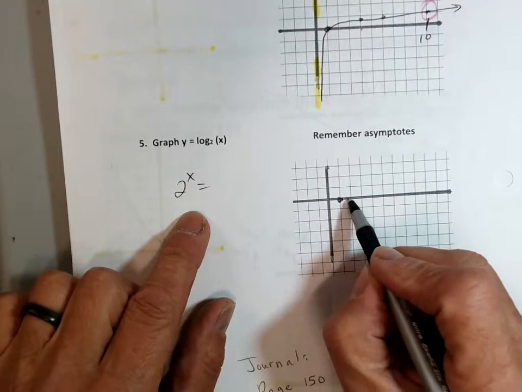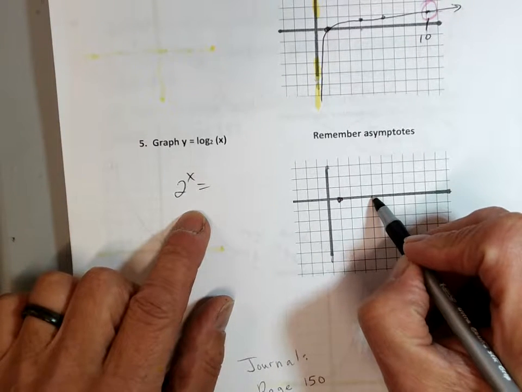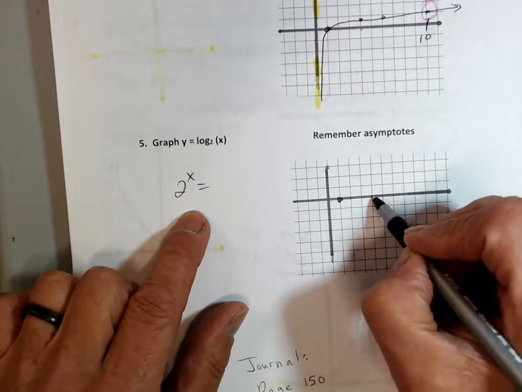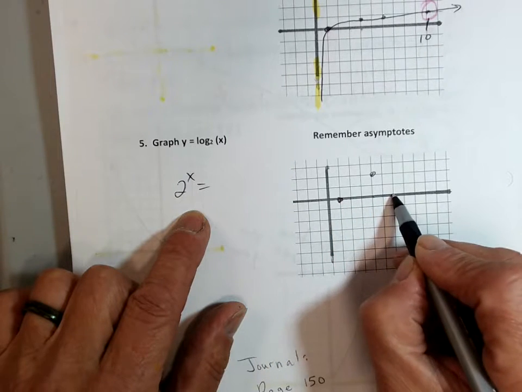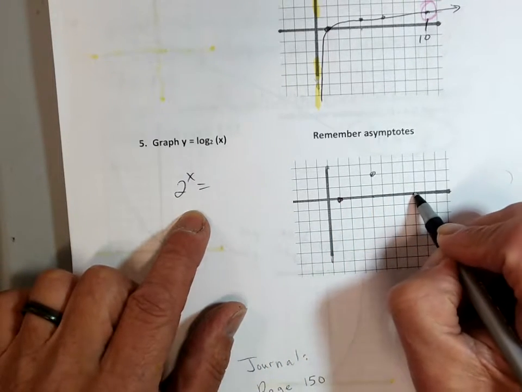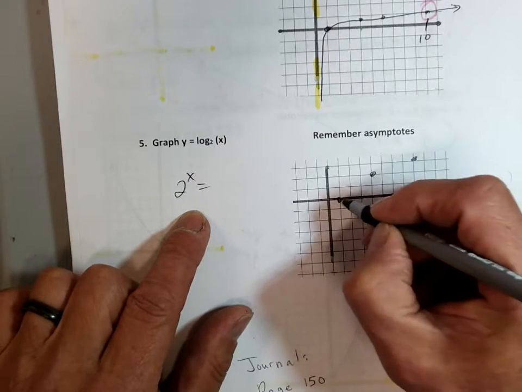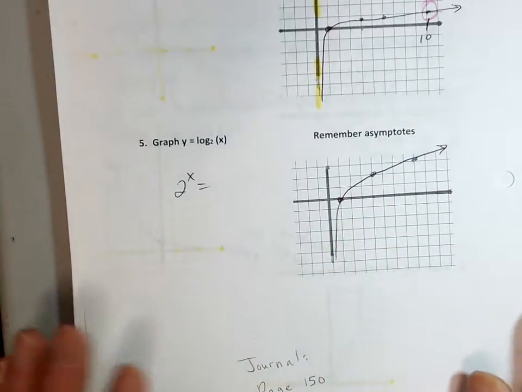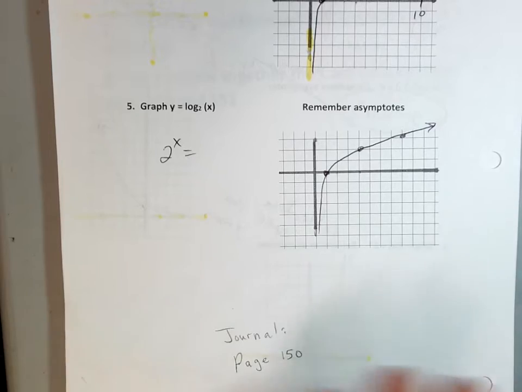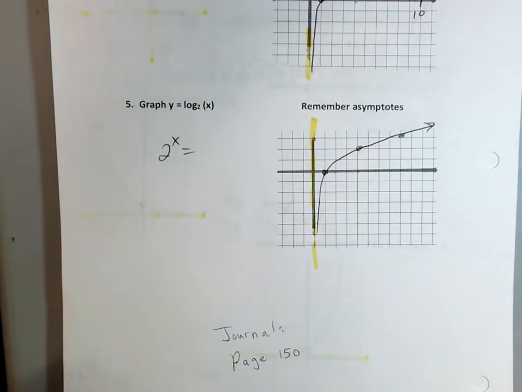And if I go 2 to what power equals 4? 2. Then 2 to what power equals 8? 3. And then it just takes its dive. So they're very similar, aren't they? The difference is one's a little bit taller than the other. And I've got to have my asymptotes in there, okay?